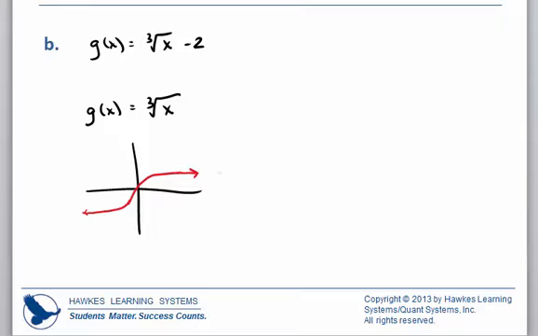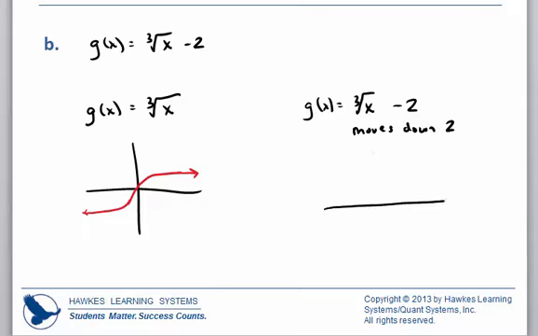Now what's going to happen if we have as our graph g of x equals the cubed root of x, and we subtract 2? What is that minus 2 going to do? It's going to move the graph down 2 units.